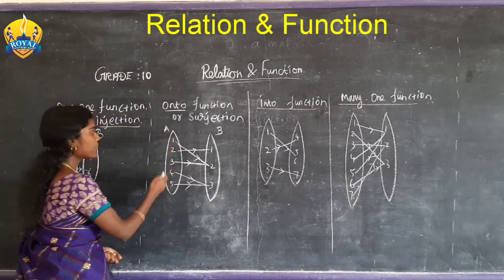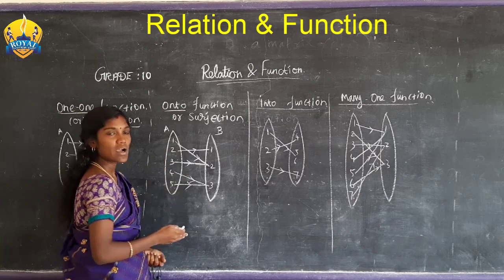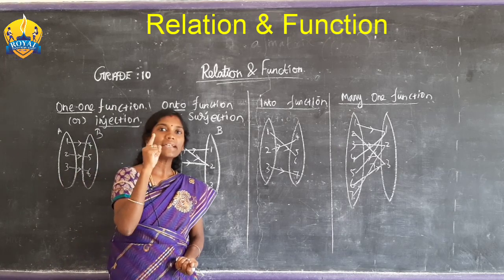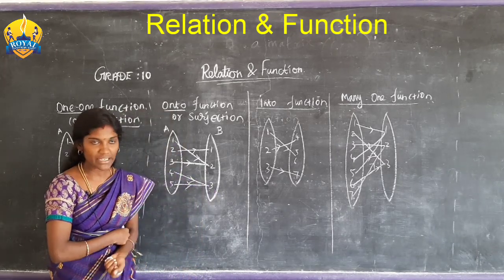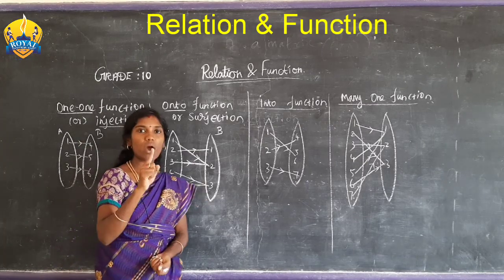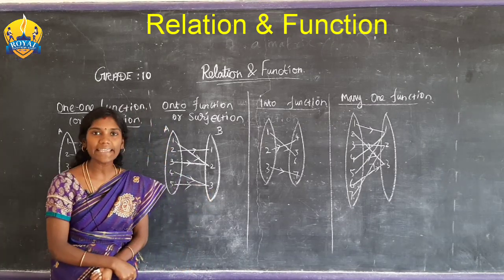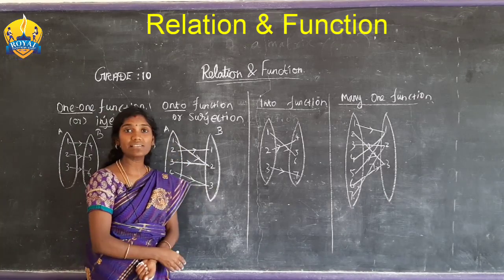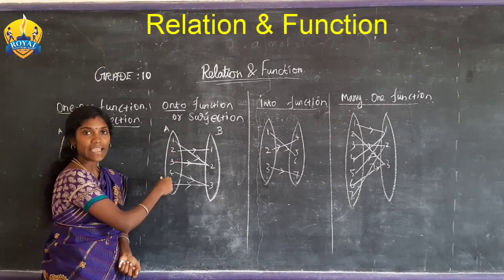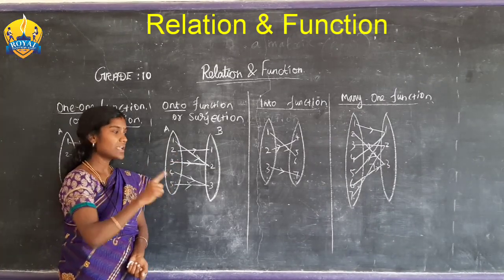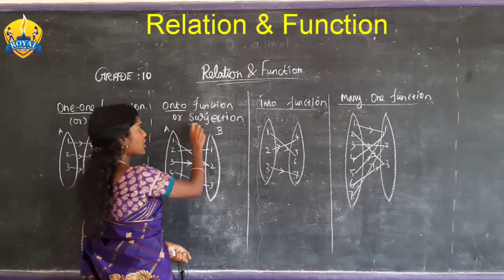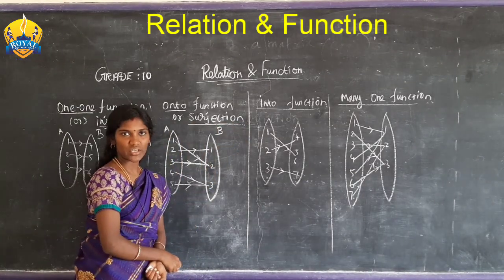So 2 or more elements in A have only one image in B, that is called onto function. Another name of onto function is called surjection.